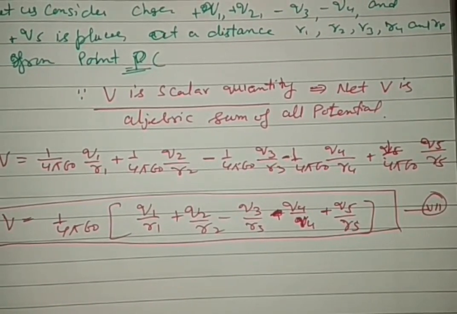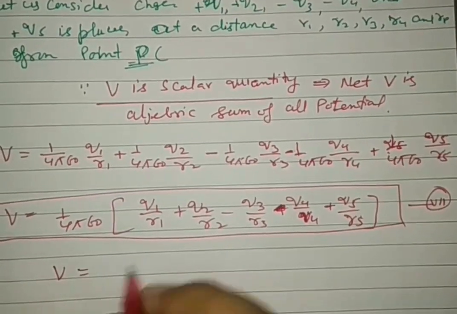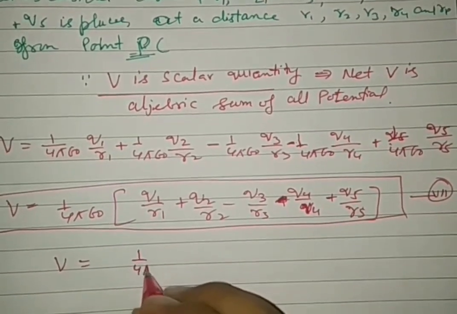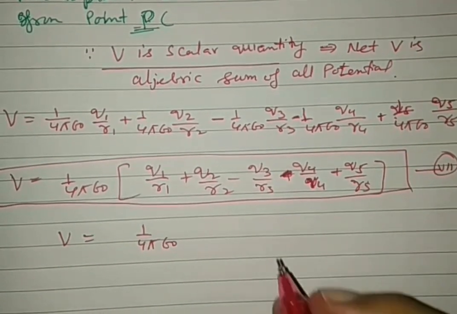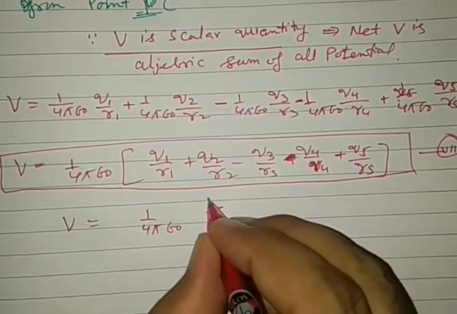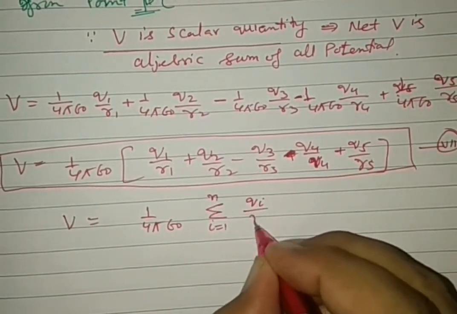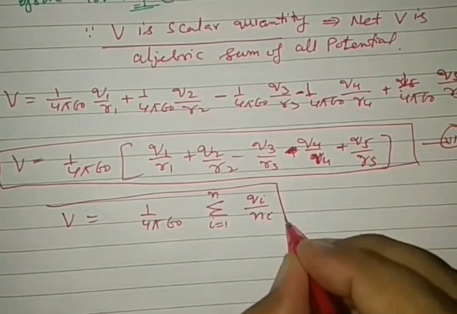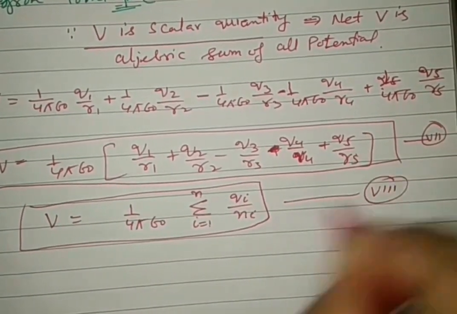Now see carefully. By combining this, equation 7 can be written as V is equal to 1 upon 4 pi epsilon 0 times the summation, i equal to 1 to n, of Qi by Ri. The above equation in short form can be written like this.